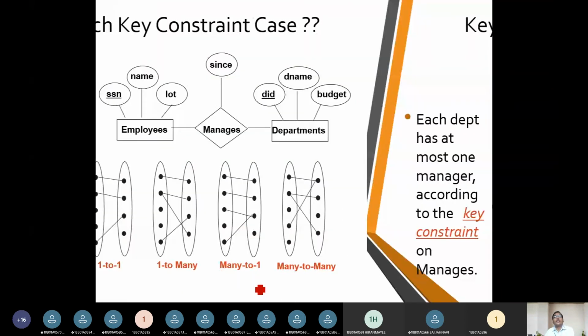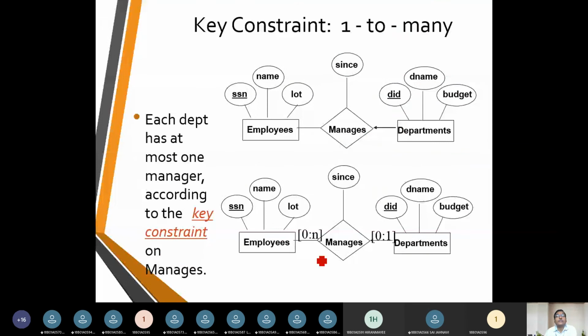Next, each department should have at most one manager, and this is going to be a key constraint. When we call it a key constraint, it can be a primary key, or it can be a foreign key. You can see there are any number of employees, but management is only towards one employee.